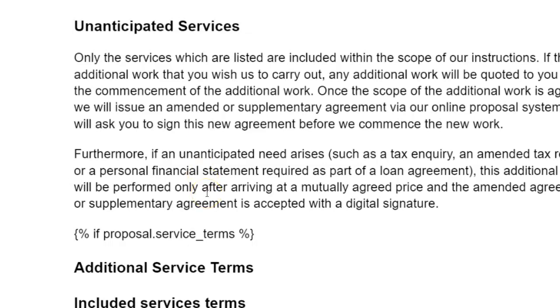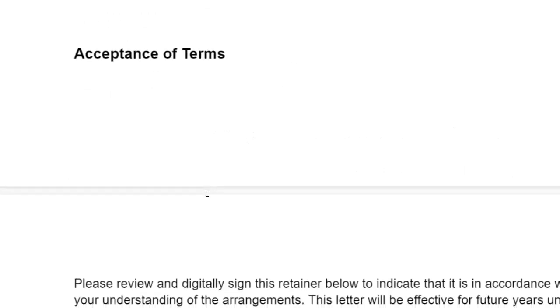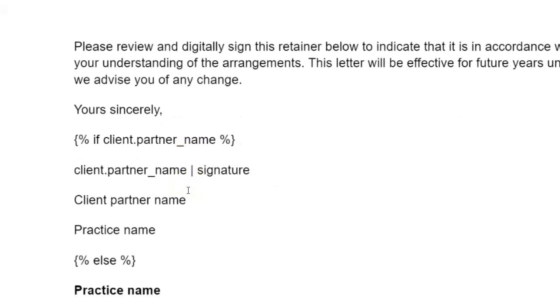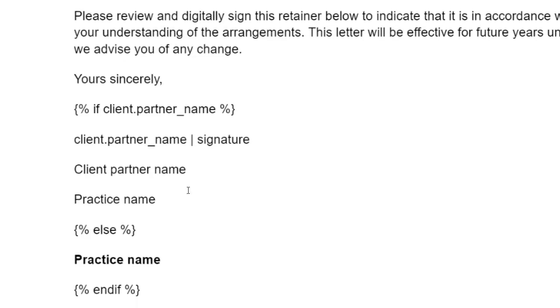If there's an ongoing service, the engagement letter needs to be rewritten and agreed once again. And acceptance of terms, where you outline that please review the terms and conditions of the business, and if you are happy with the engagement letter and terms and conditions, please sign this engagement letter accordingly to begin the service.